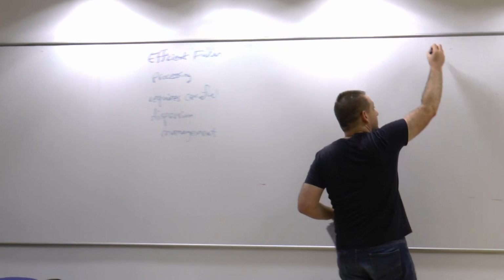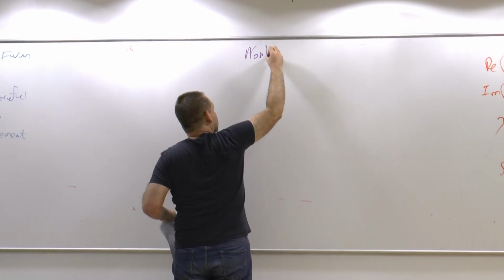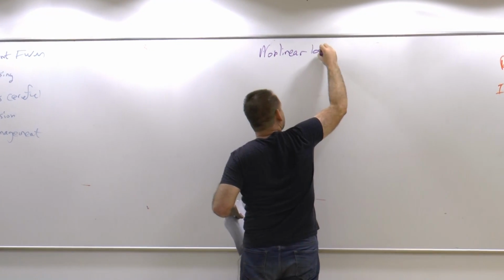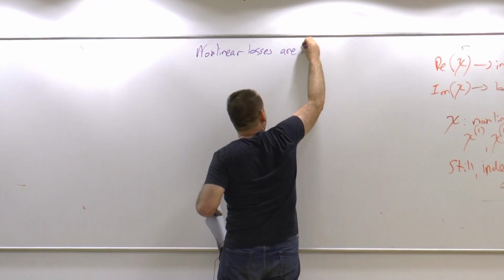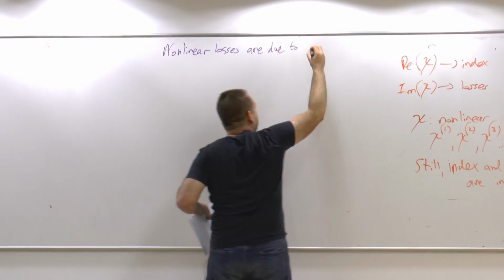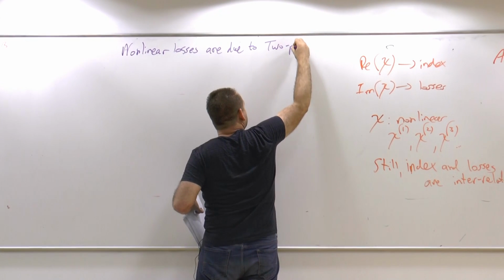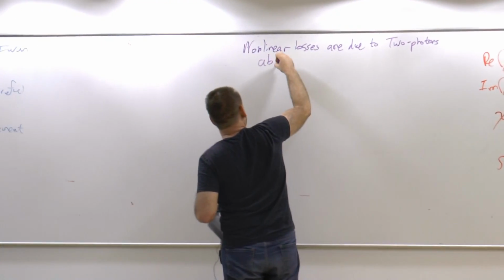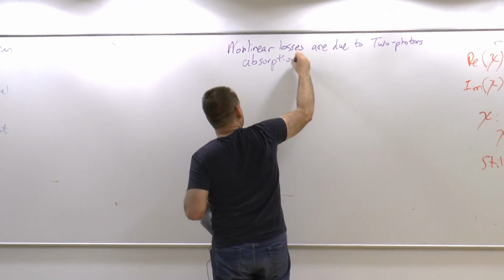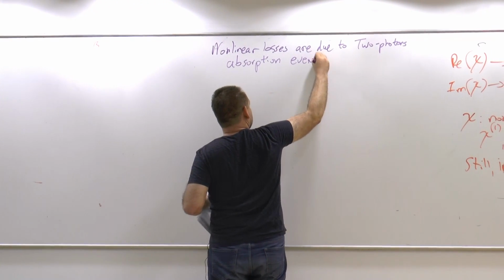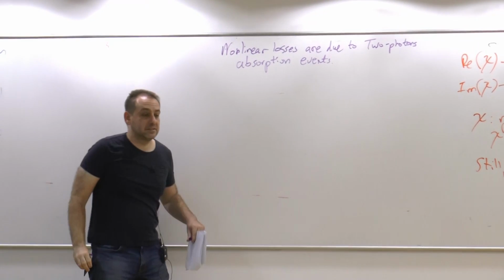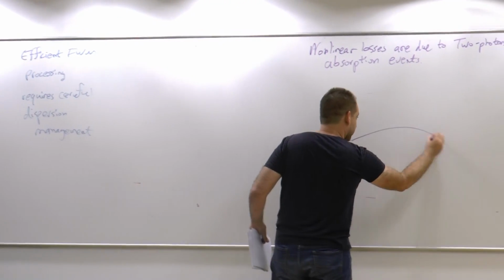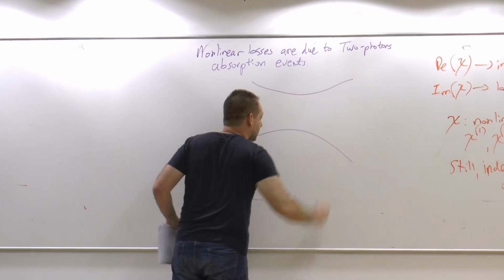So nonlinear losses are due to two-photon absorption events. Let me explain. Let us draw the Venn diagram of a semiconductor.